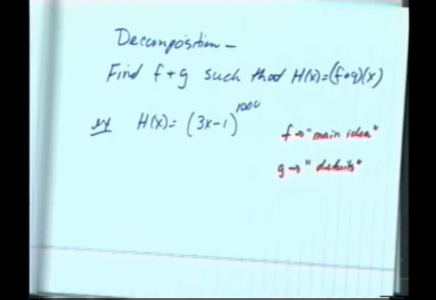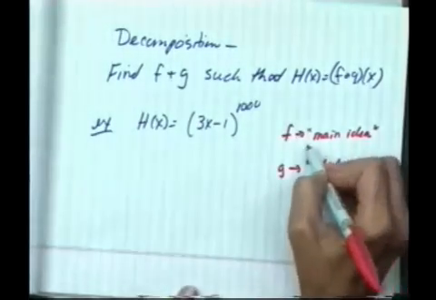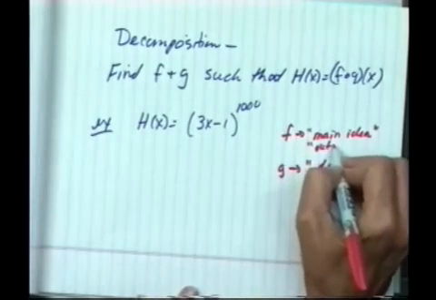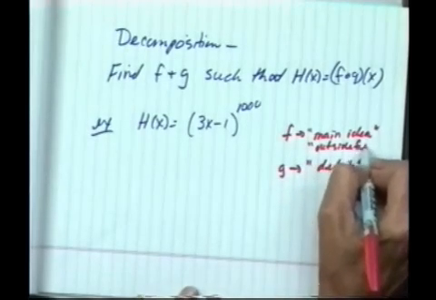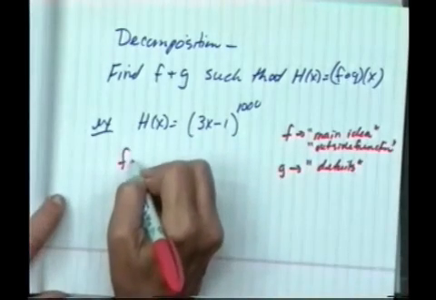That you had it raised to the 1,000th power. So something is being raised to the 1,000th power. That's what I call my main idea. Some people will call that the outside function. So the big idea here is going to be f.